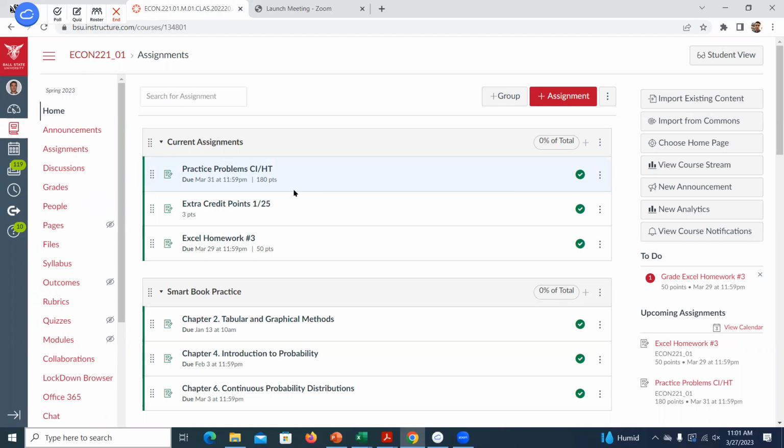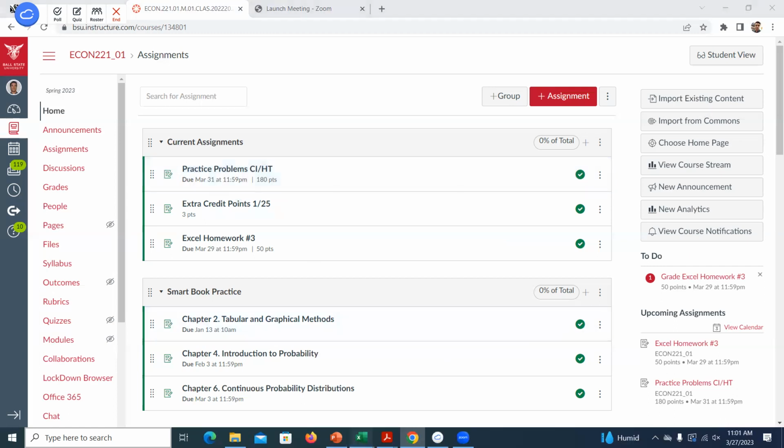Now, if you're studying for the exam, my suggestion would be to go through the practice exams first. And if you really want more problems for hypothesis testing or confidence intervals, then maybe start taking a look at these. But it's not any points. They're just practice problems if you want to do them. Any other questions for me before we jump into things here?